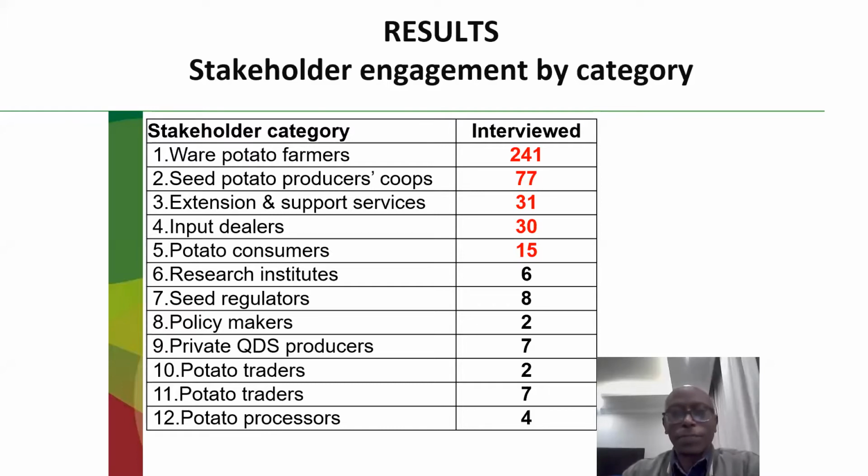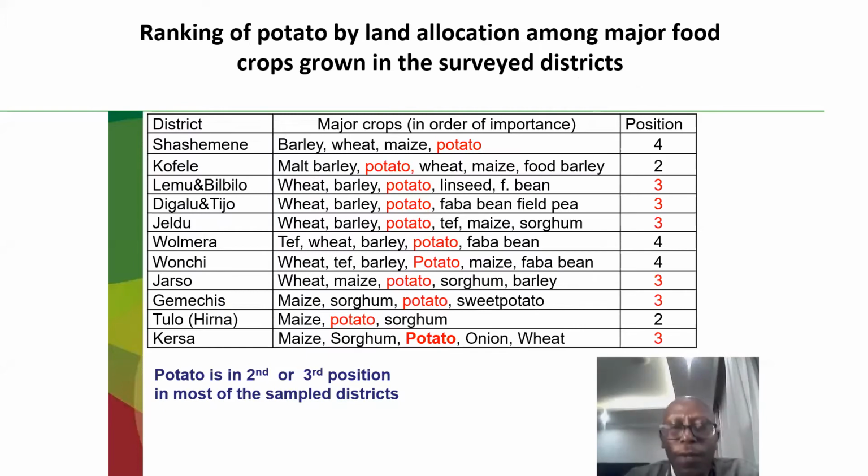That's why the number begins to decrease, because we don't expect to meet so many people in that group of stakeholders. Farmers besides potato grow other crops, and we find that in 8 of the 11 districts, potato is either in the second or third position, based on the land allocated to this crop compared to other crops in every cropping season.